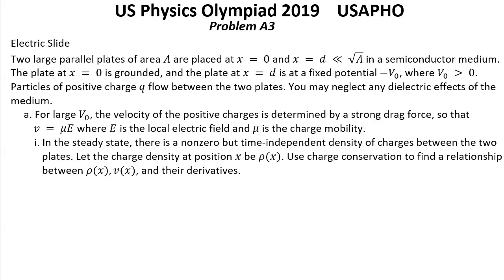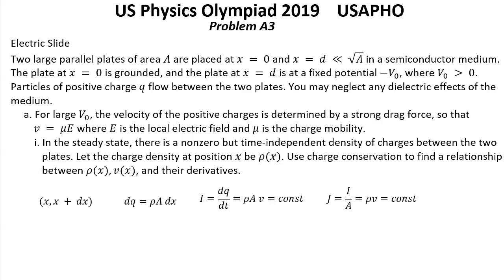Consider the region between x and x plus dx. The charge in this region will be rho A multiplied by dx. Because current everywhere is constant, we have dq over dt equals rho A dx over dt, which is speed v, and this equals a constant. If we divide it by area, we get current density J, and that's constant.